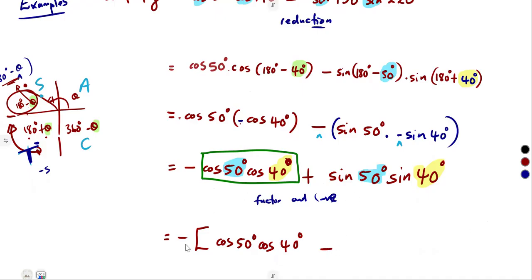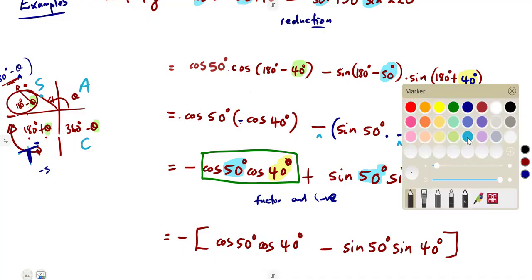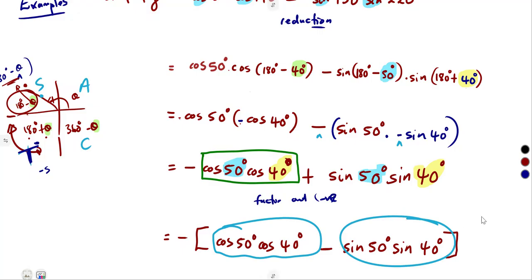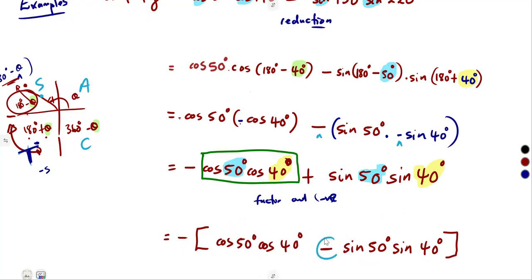So that will be negative sine of 50 degrees, sine of 40 degrees. So this is what we are going to have. What we are trying to have here, guys, is to properly see our cos and our sine separated by a certain sign which can be positive or negative.